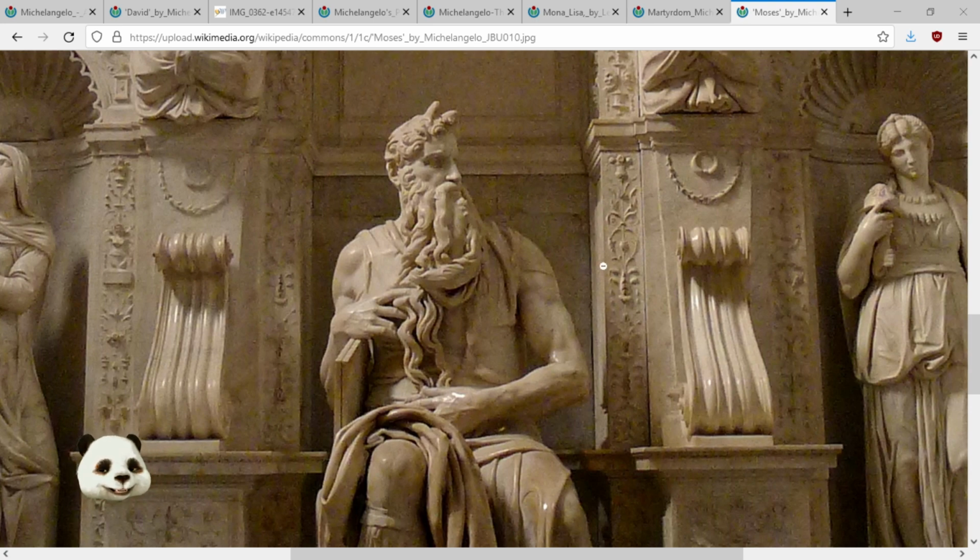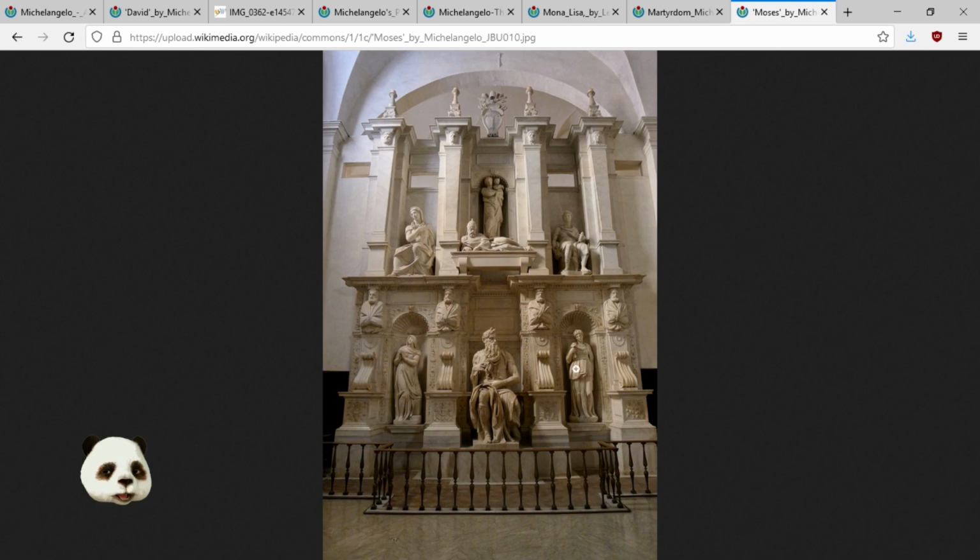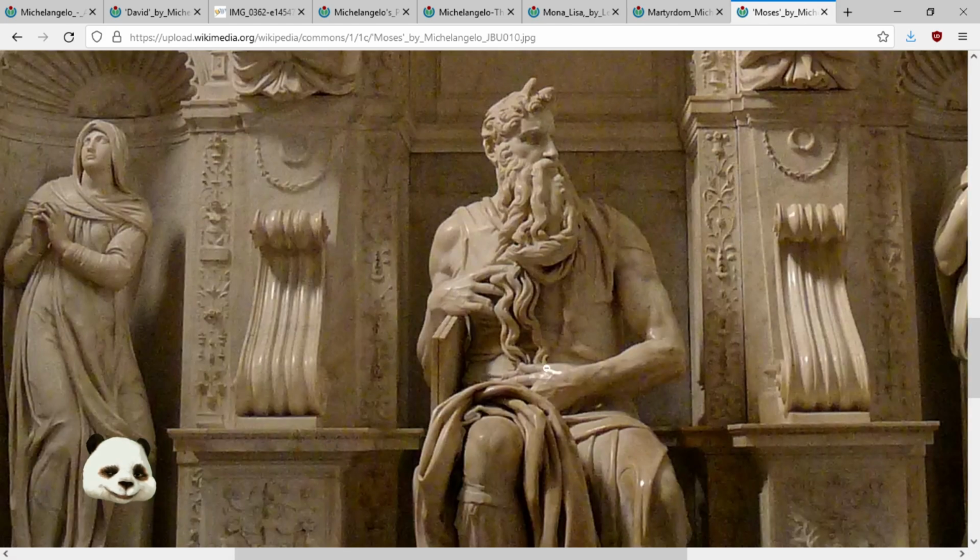But we can already see something very specific. The head is massive, the hands are massive, so it's very titanic. And in comparison to the statues here, although he looks the same size, he's sitting down, and he is twice the size of these characters on the side.